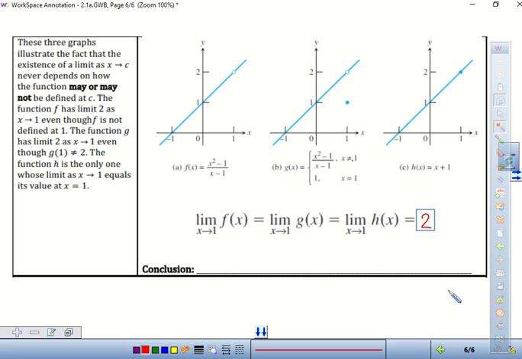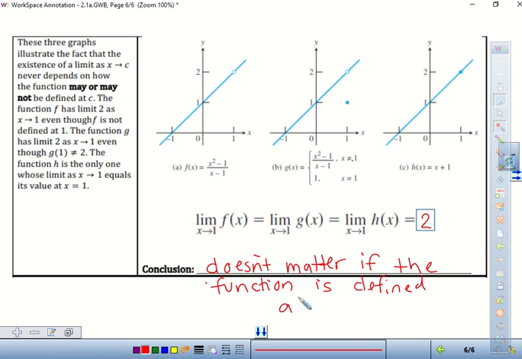Okay? So what can we conclude from that about limits in general? It doesn't matter if the function is defined at that point.